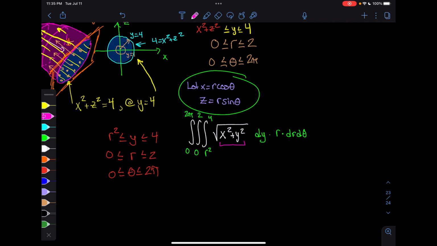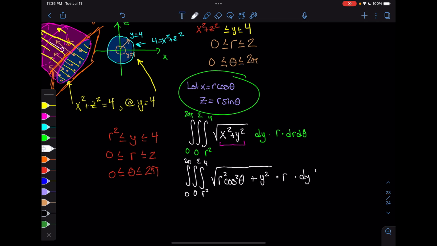So the way we do that is we're just going to plug in for x our r cosine theta. So our triple integral just becomes 0 to 2 pi, 0 to 2, r squared to 4, of the square root of r squared cosine squared theta plus y squared. All of that times r, and then dy, dr, d theta.